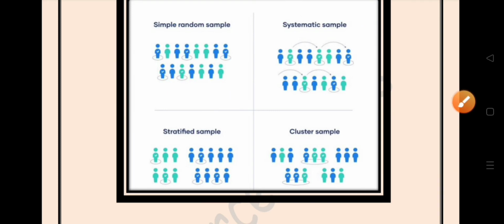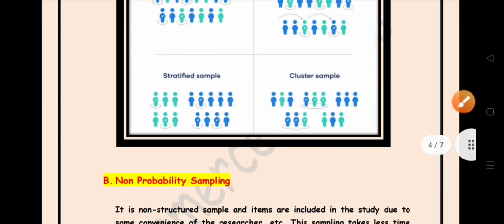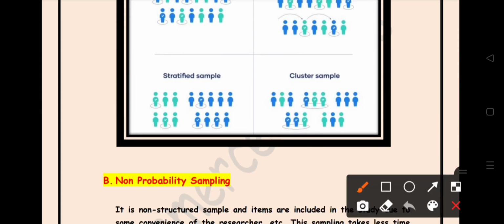Then next, stratified random sampling: here we divide the population according to the division of characters. And in cluster sampling, we take the samples from homogeneous groups.